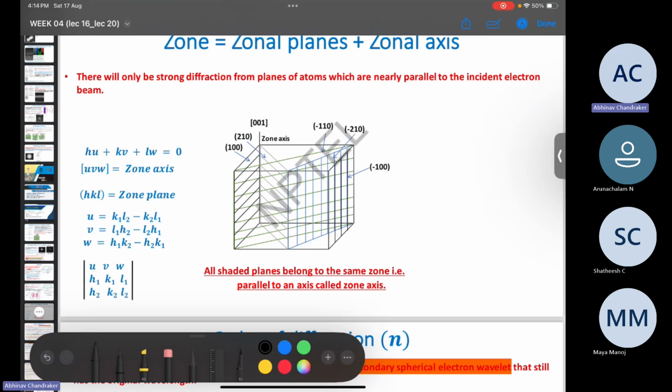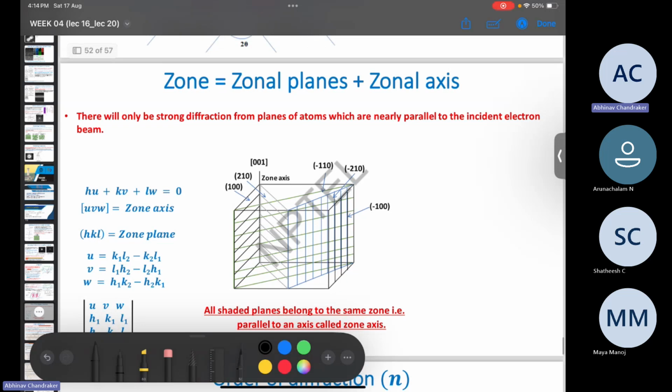So the angle that the electron beam makes with the atomic planes is important, and that determines whether constructive interference will happen or not, and whether we'll be able to see diffraction patterns for a particular plane or not. So to understand with which atomic planes an electron beam will diffract, we can use this concept of zone axis and zonal planes.